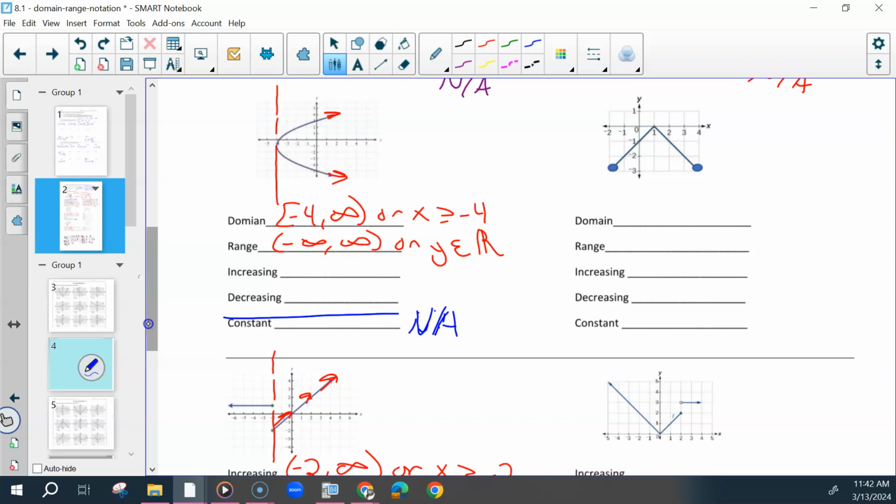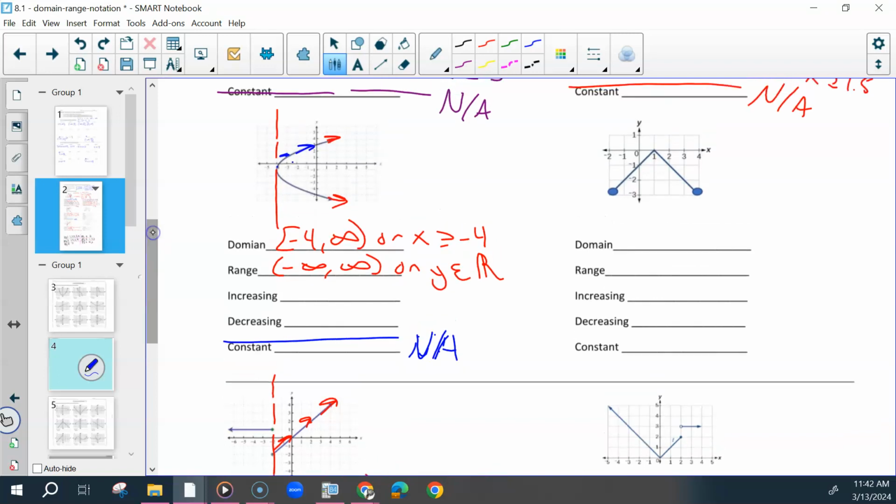For our increasing, decreasing, we'll just separate it. Look at the top part first. As I'm looking at this left to right, what are your y values doing? Increasing. They're going up. But then if I'm looking at this bottom part, as I'm looking left to right with my x values, what happens here? The y values go down, it's decreasing.